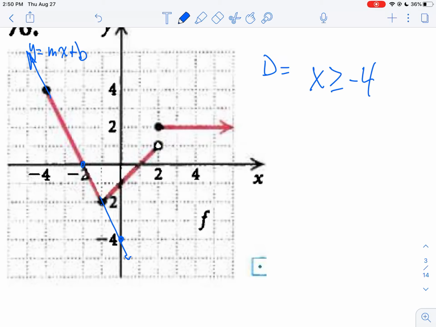What's my slope? Let's see. It looks like it's touching here, down 2, right 1. So my slope is negative 2 over 1. My y-intercept, negative 4. So I know this equation is y equals negative 2x minus 4.